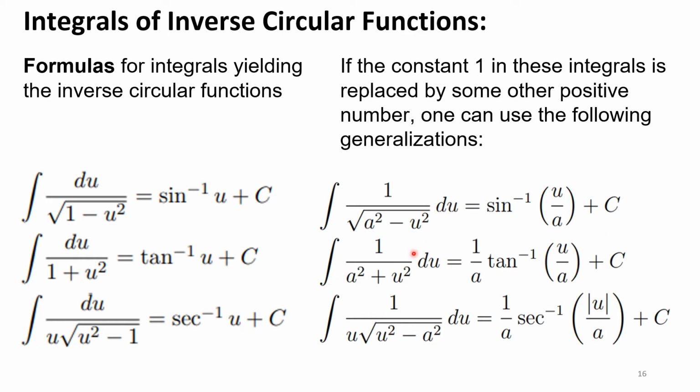The integral of 1 over a squared plus u squared du is 1 over a tangent inverse of u over a plus c. And the integral of 1 over u times the square root of u squared minus a squared du is 1 over a secant inverse of the absolute value of u over a plus c.